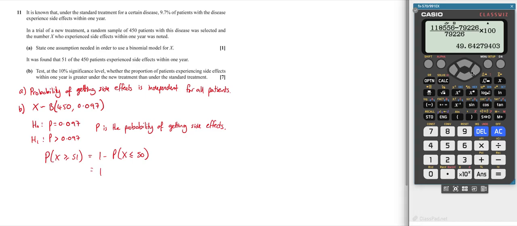We go menu, distribution, binomial CD, the cumulative distribution, variable 50, n is 450, and p is 0.097. So the probability is 1 minus 0.862. So again, menu, back to the main calculations, 1 minus that last answer is 0.138.